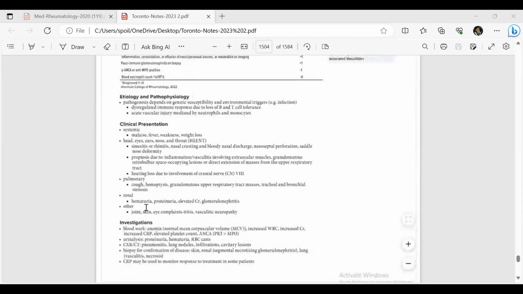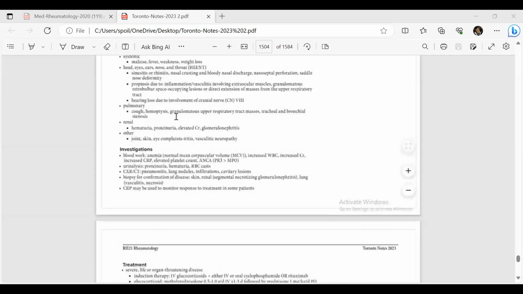Everything is involved in this, and it also causes hearing loss because of cranial nerve 8 involvement. It also causes saddle nose deformity. Proptosis will also be there, with upper respiratory tract extensions and masses leading to this proptosis. In the pulmonary system we can see hemoptysis, stenosis, and in the kidney, hematuria and all.